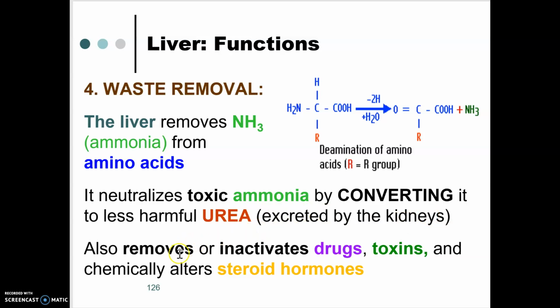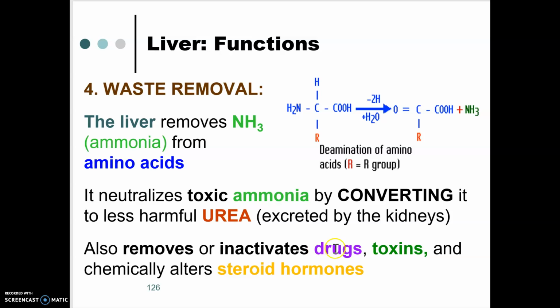Another thing that the liver is very, very good at is inactivating drugs or toxins. Many drugs that we take very commonly, for example, a lot of the world drinks alcohol, wine, or beer, or spirits. If we didn't have our liver there to detoxify a drug like alcohol, then every time we drank alcohol, it could be fatal, it could kill us.